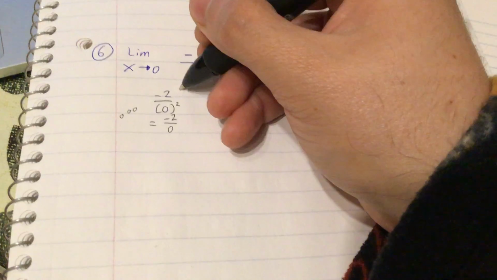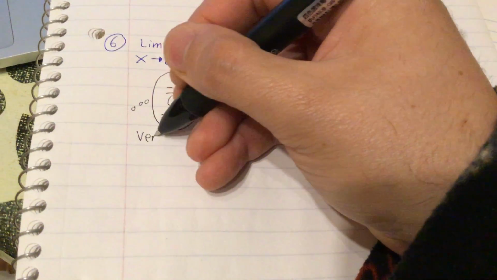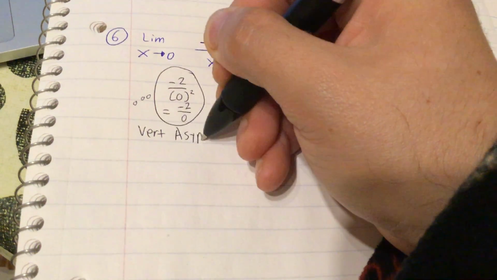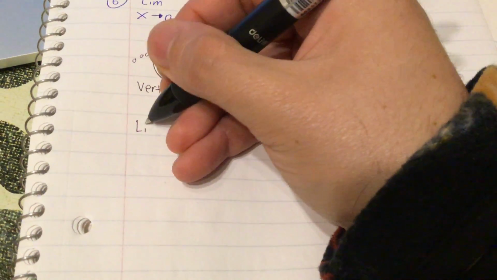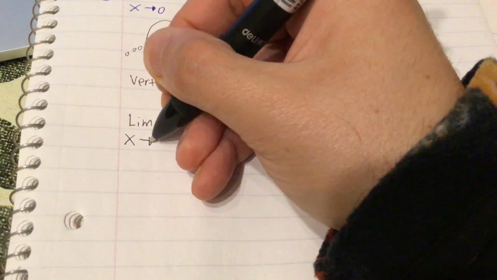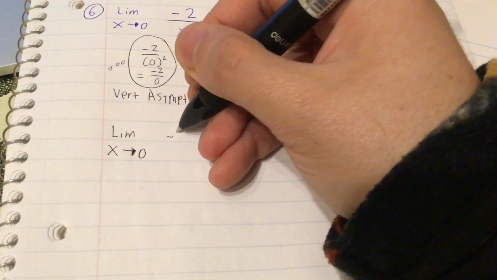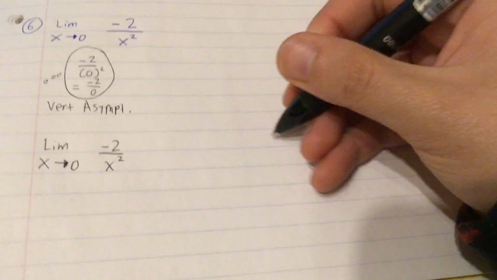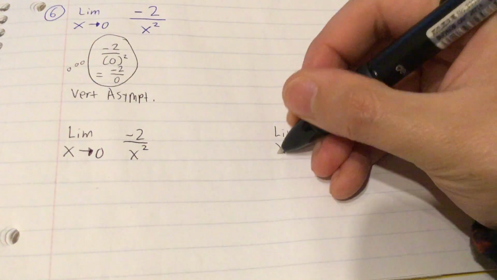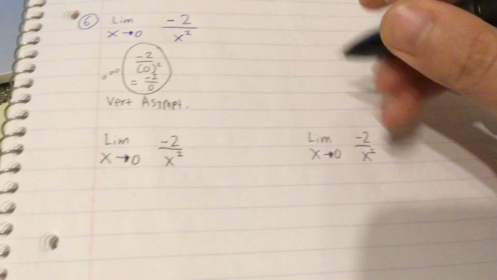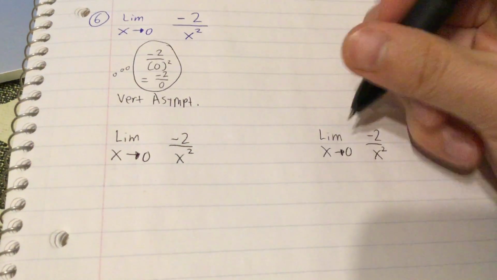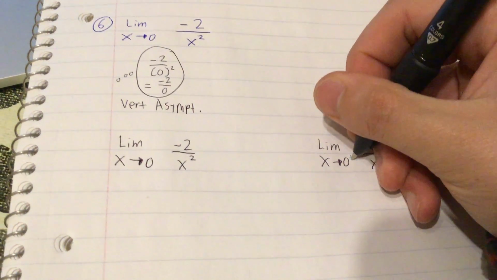So negative 2 over 0, still, I'm not happy with this vertical asymptote. Now, I'm going to take the right-hand limit and the left-hand limit. Okay, so let's start with the right-hand limit.